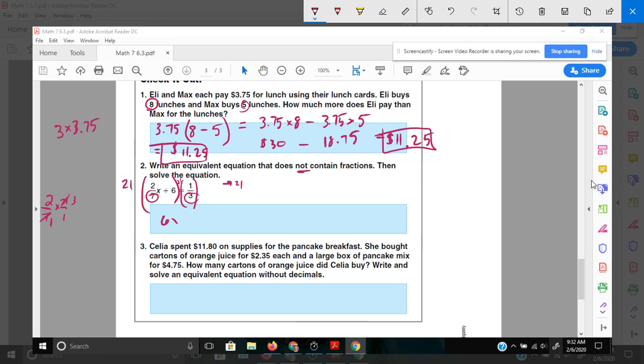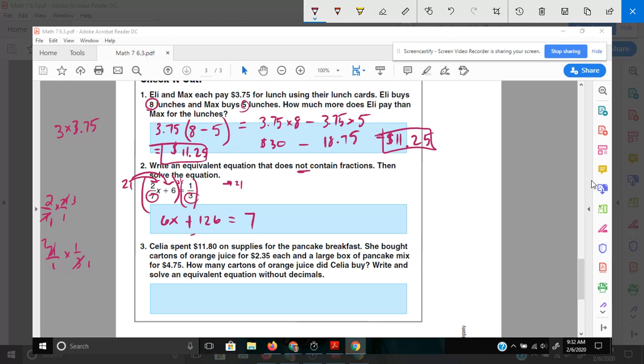So this will be 6x plus, I need to take 21 times 6 as well. That would give me 126 equals, okay, I need to also take 21 times 1/3. Simplifying first by 3 would give me 7. Okay, here's my equivalent equation.